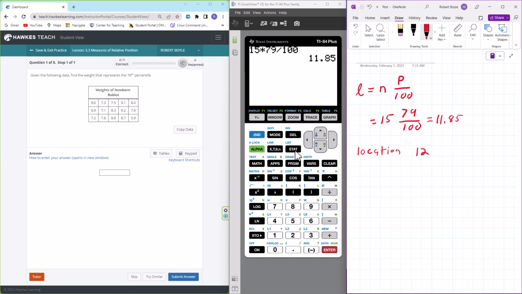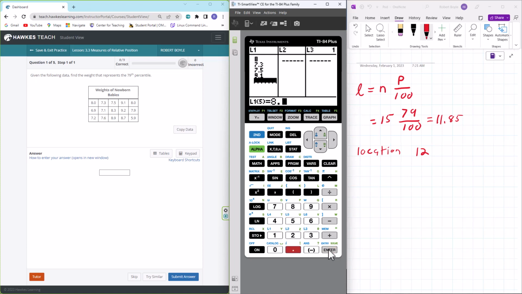To sort it, we can go into Stat, Edit, and the first thing we need to do is put in the data. So let's go ahead and do that. 8.0, 7.3, 7.5, 9.1, 8.0, 6.9, 7.1, 8.3, 9.2, 7.9, 7.2, 7.6, 8.9, 8.7, 5.9.